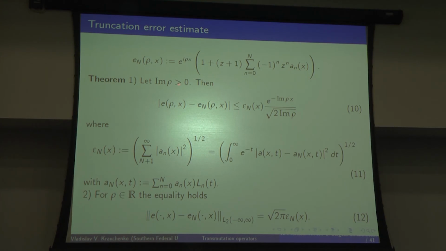Look, for example, when the imaginary part of rho is greater than 0, then we have this uniform estimate, where it becomes better when the imaginary part of rho is greater. And in the case when rho is real, this is the exact equality, but in the L2 norm. It's just the consequence of the Parseval equality, nothing else.